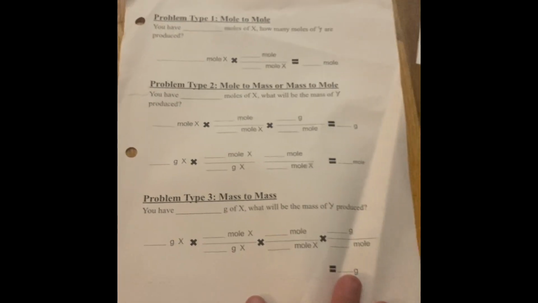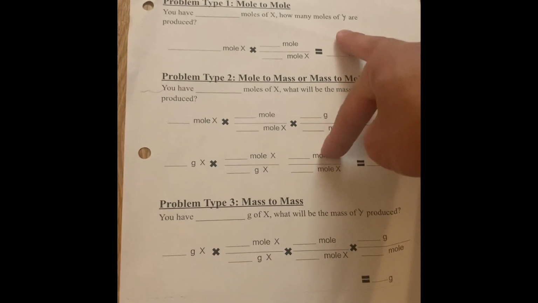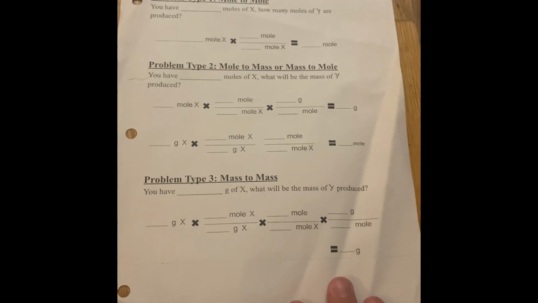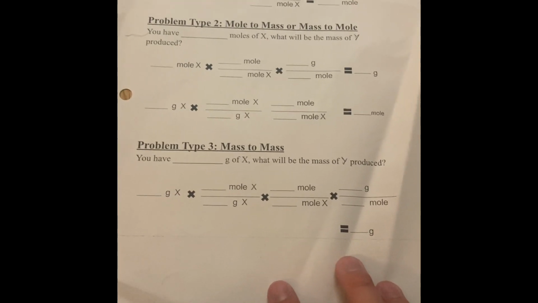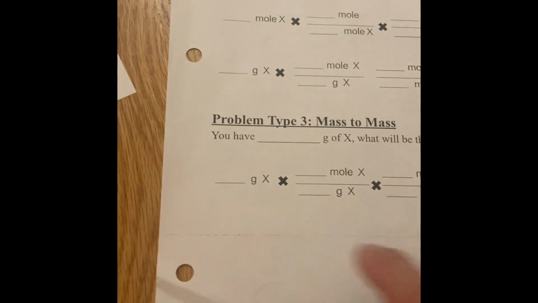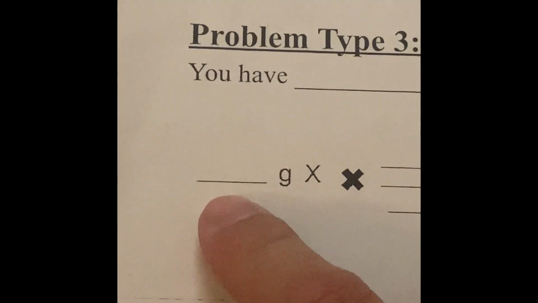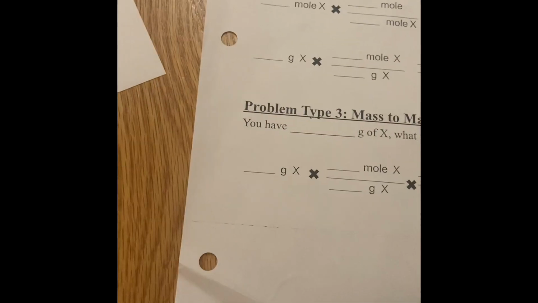Right here we have all the different formulas. We've already reviewed these two, but what we'll review today is problem type number 3, mass to mass. So here's the plan. We have the calculated number of grams that is given to us, which is 10 grams of sodium chloride before the reaction happened.